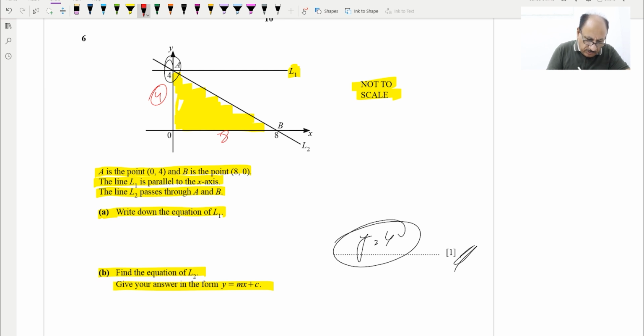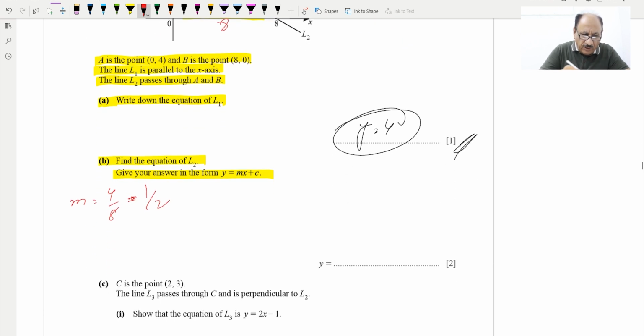So gradient m will be equal to 4 over 8, which is equal to 1 by 2. So our gradient is 1 by 2, and we can find minus 1 by 2 basically, because the right side is sloping down, so we write it as minus 1 by 2.